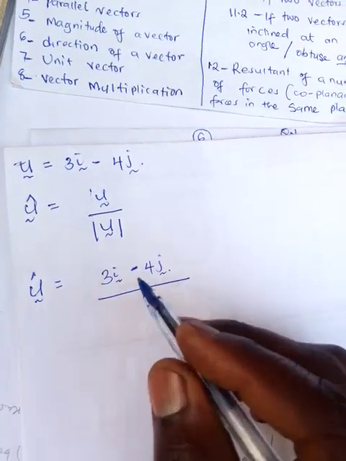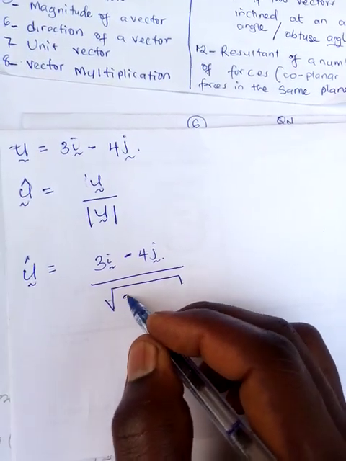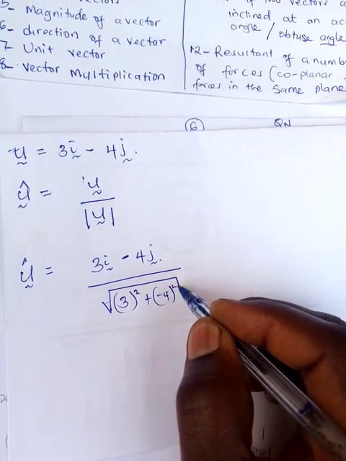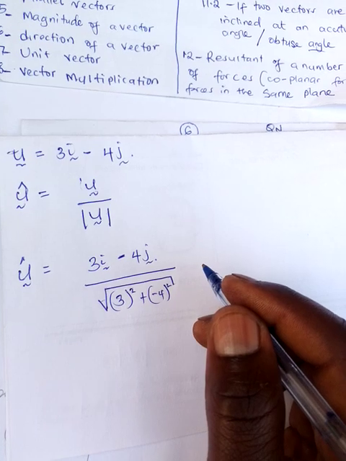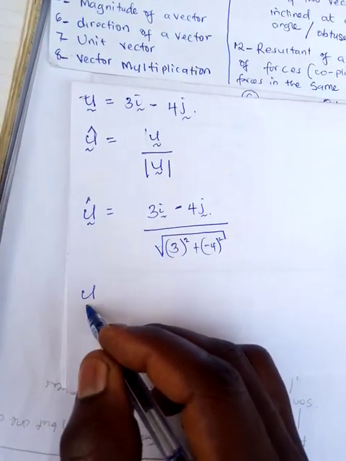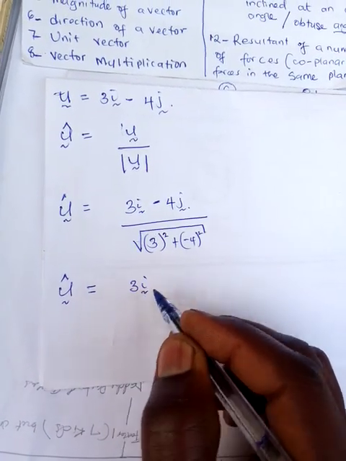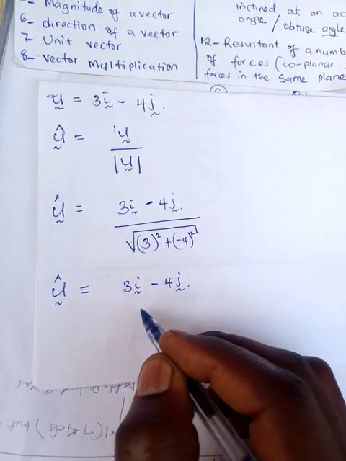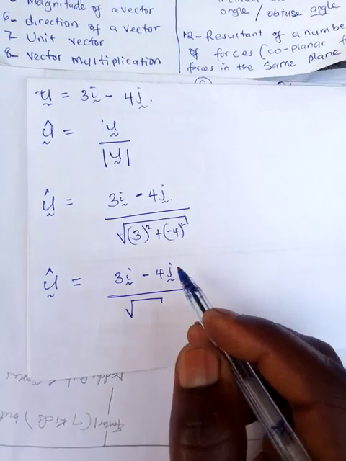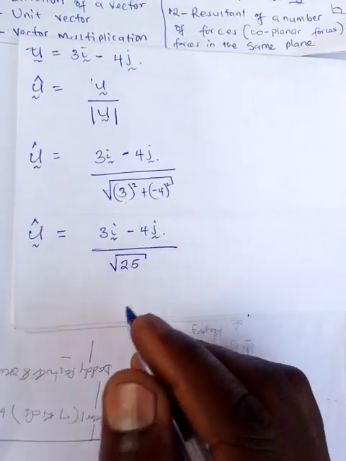the magnitude. We said you get the square root of everything, when they are squared, plus negative 4 squared. And so our unit vector will be 3 in i minus 4 in j out of square root of 9 plus 16 is 25.